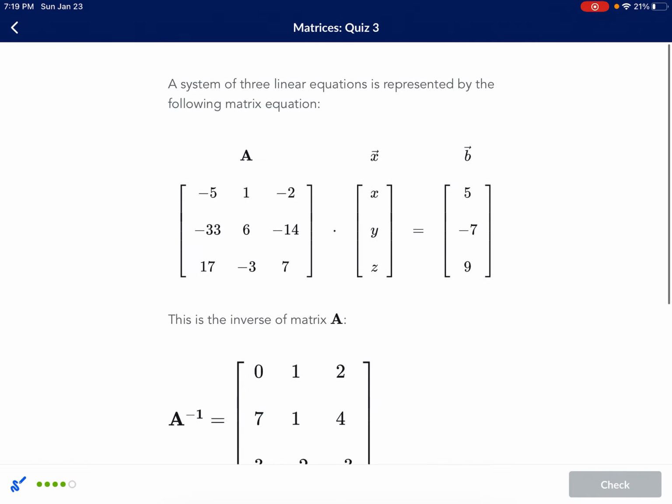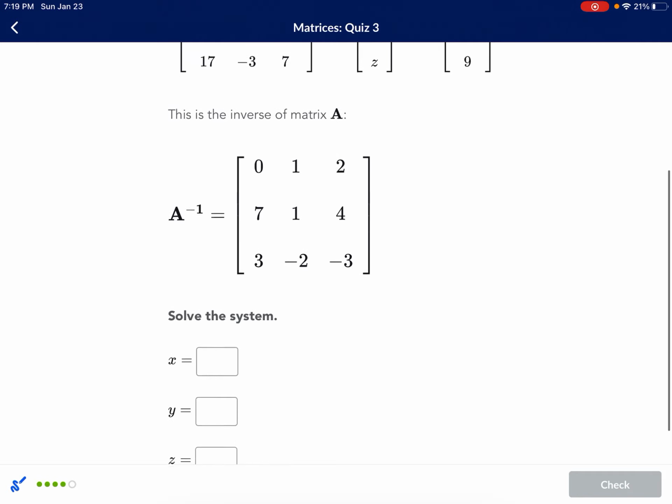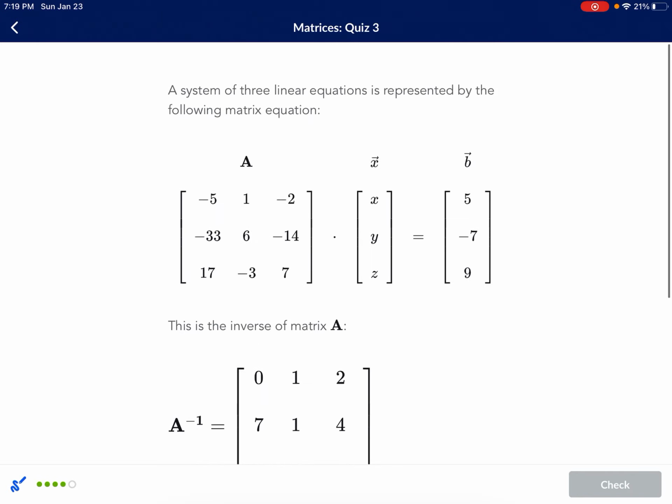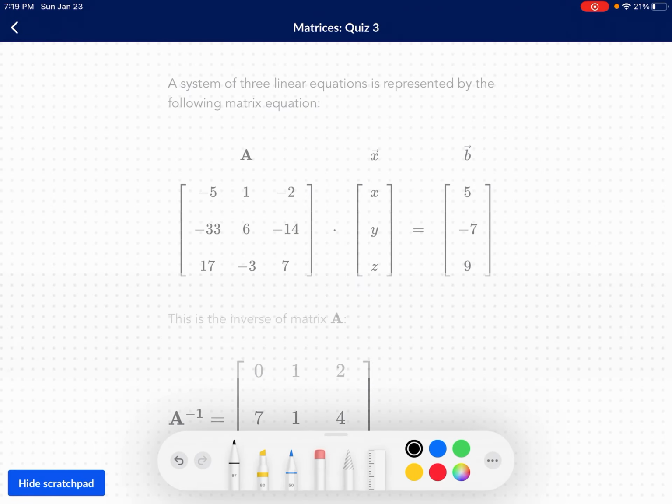Okay, the system is represented by the following matrix equation. This is the inverse of matrix A. Solve the system. Okay, so how do I start? The inverse of matrix A is that.